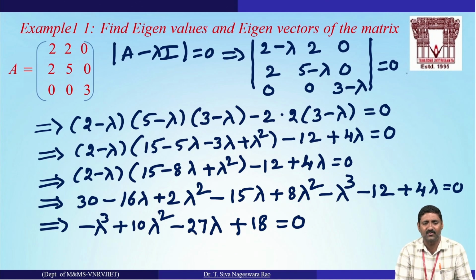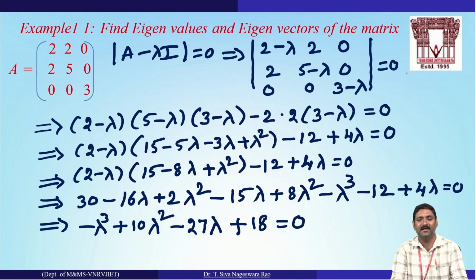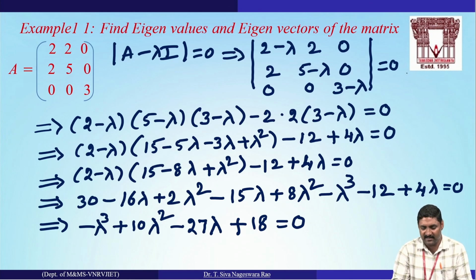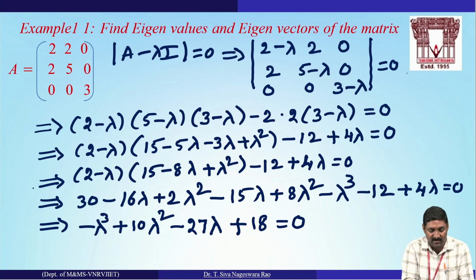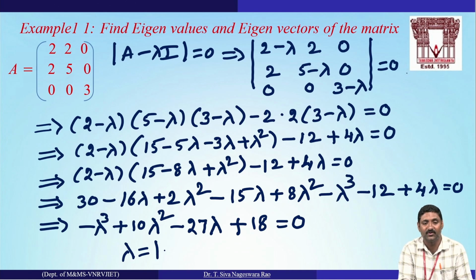Now our aim is to find the roots of this cubic equation. By substituting lambda with 1, the left-hand side is satisfied. So here we can write lambda is equal to 1 is a root of the above cubic equation. If you substitute 2 in place of lambda, unfortunately it is not satisfied. So I will go for lambda is equal to 3.